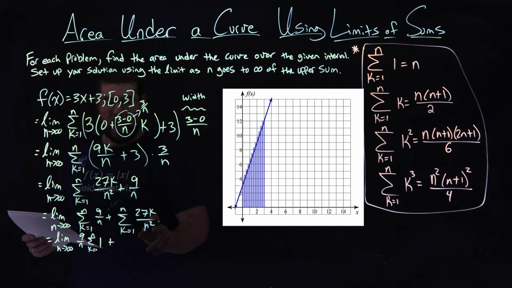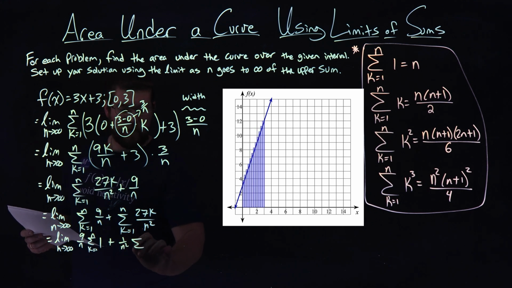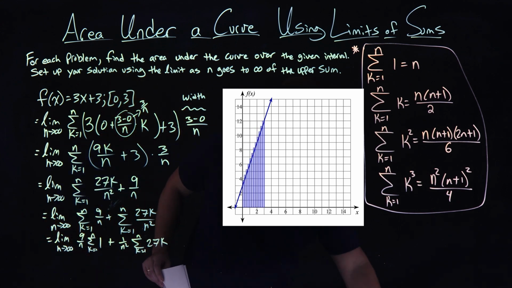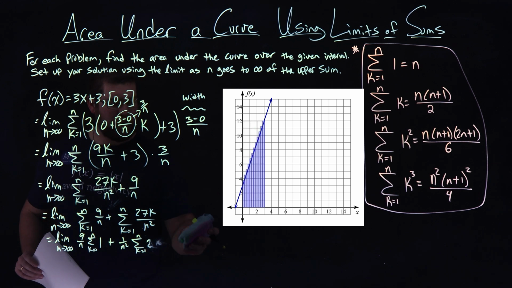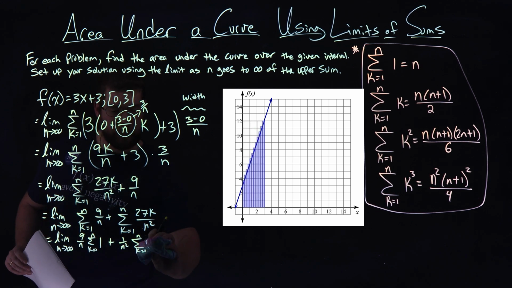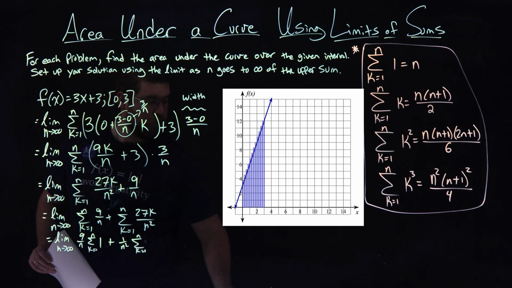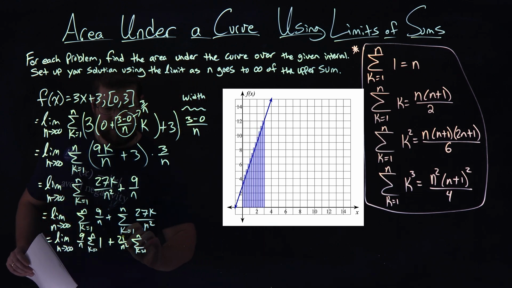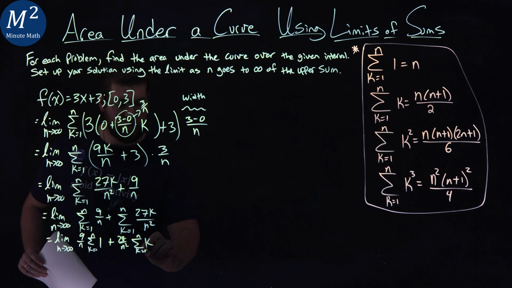Pull out the n squared, so 1 over n squared, and we're left with the sum from k equals 1 to n of a 27k. Or pull out the 27 as well. See, once I get a little flustered, you mess up a little bit. It's okay. So 27, say up here, and we have a k. And that's also, I hate writing down low.